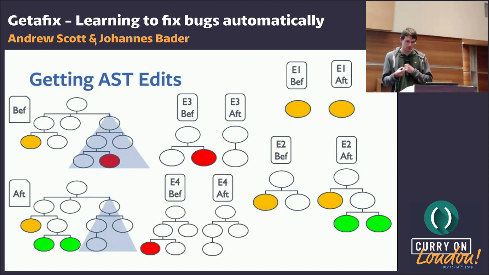And the parents of those parents are mapped to one another as well, so you sort of get the idea. We're just going to do this for all of the nodes which, according to the tree differencer, are mapped to one another, and for which there's at least one modified descendant. And we'll do this for each of the file pairs in our initial training set, and we'll create a large data set of human AST edits.